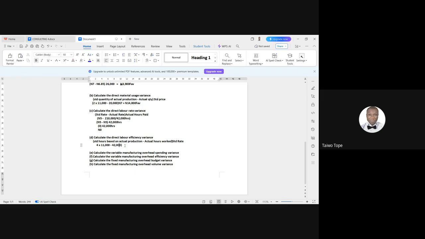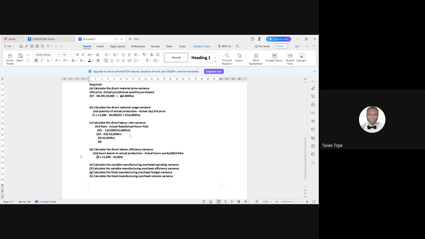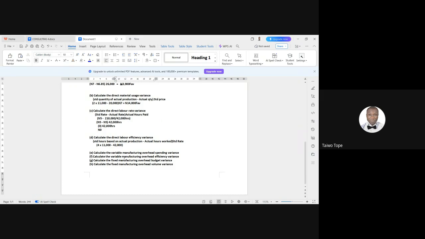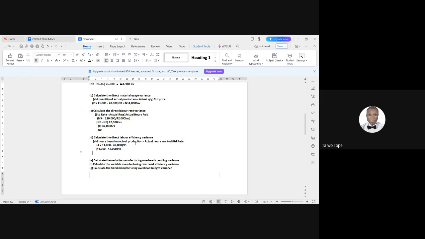In relation to the standard rate, in the question, the standard rate is what? 5 naira. See it here. So when you simplify this, you have 44,000 minus 42,000, multiplied by 5.